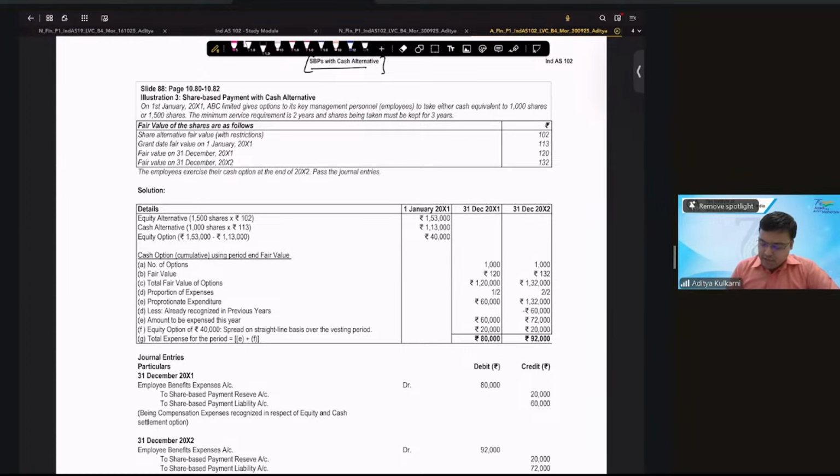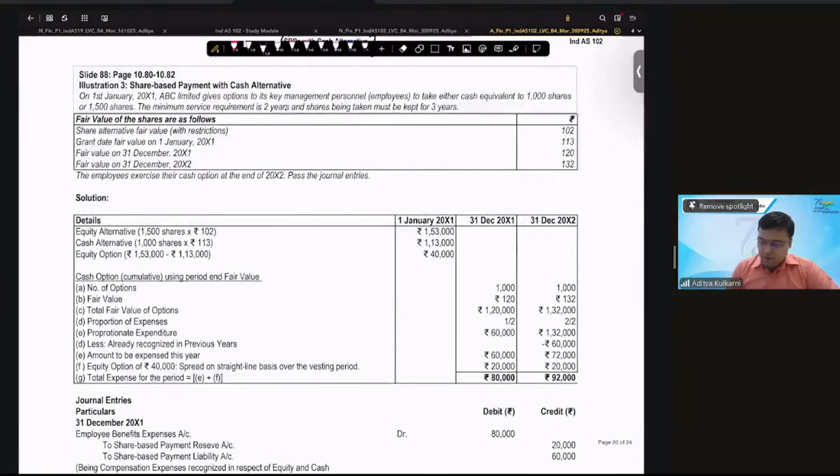On 1st January, ABC gives options to its key managerial personnel to take either a cash equivalent to 1000 shares or 1500 shares. So this is option 1, this is option 2.